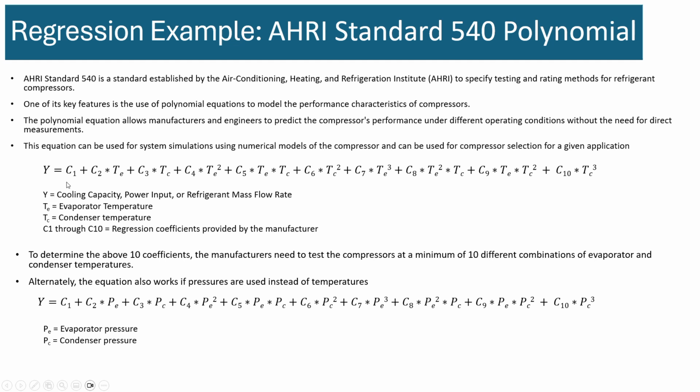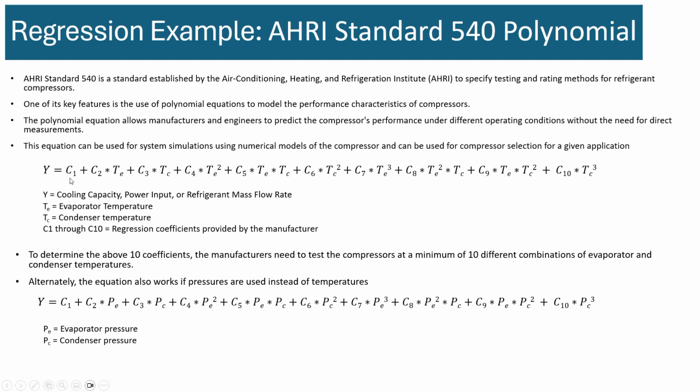When the manufacturer is performing his test, he's changing the evaporator and condenser temperature and measuring these three things. He will do that for 10 or 15 or 20 different points, and then find all these coefficients based on all those tests. If you look here, there are 10 coefficients. So if you have 10 coefficients and 10 different combinations of TE and TC, you have 10 equations and 10 unknowns.